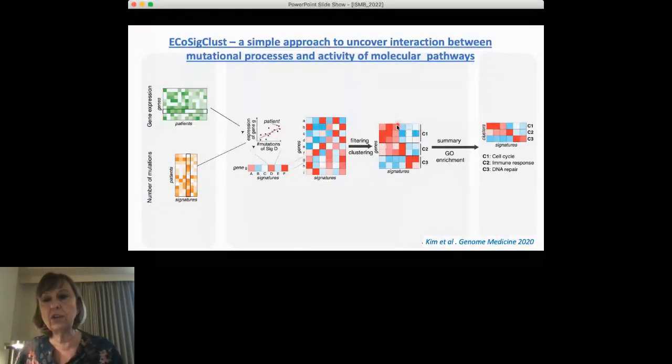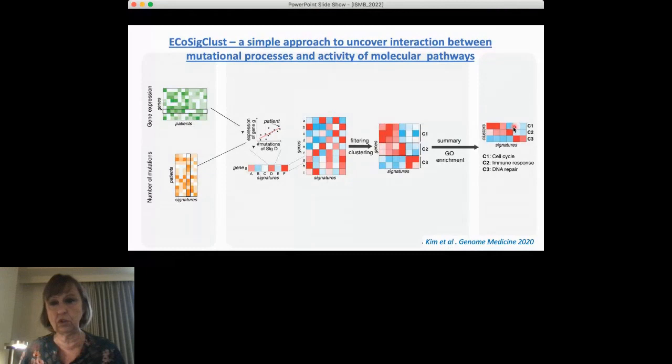In order to explore this matrix, we clustered the genes by their association with mutational signatures. Having clustered this, we can dive into individual clusters and ask the question: what are the genes and pathways which are in each of those clusters?